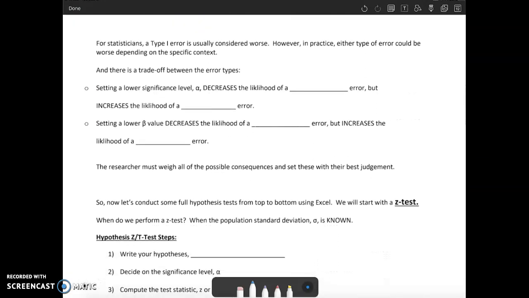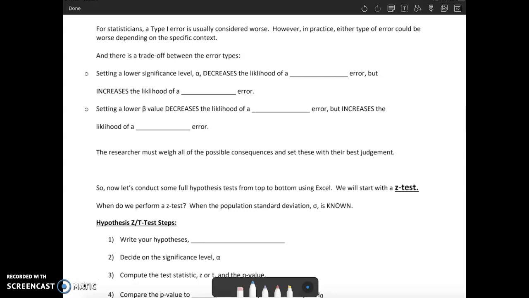For statisticians, typically the type 1 error is usually considered worse. Okay, that's the one we're used to. That's that alpha value. That's the one we've already talked about. That's usually the one that statisticians are trying to avoid. But in practice, like we just saw, either type of error could be worse depending on the context. And there is also this trade-off between the two error types.